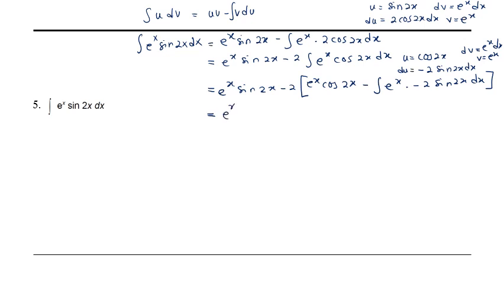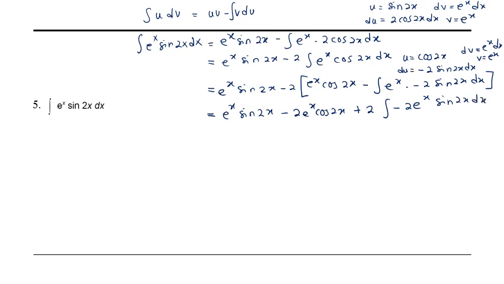So, exponent x sin 2x tolak. Saya darabkan dalam, so 2 exponent x cos 2x. Tolak-tolak jadi tambah 2. Integrate negatif 2 eksponen x sin 2x dx.